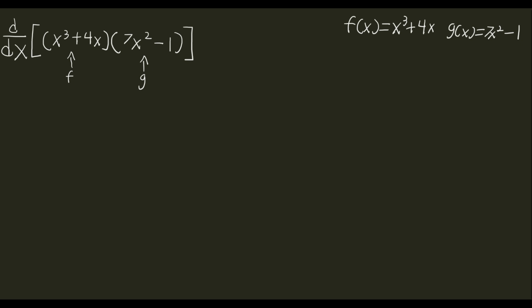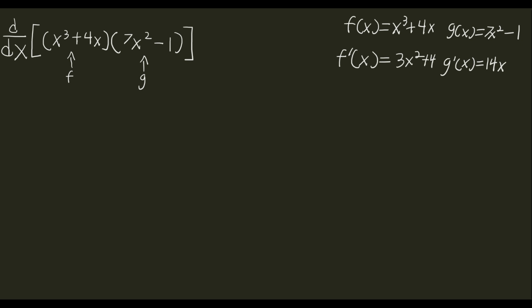We could derive these functions starting with f of x. F prime of x would equal 3x squared plus 4, and g prime of x would equal 14x.